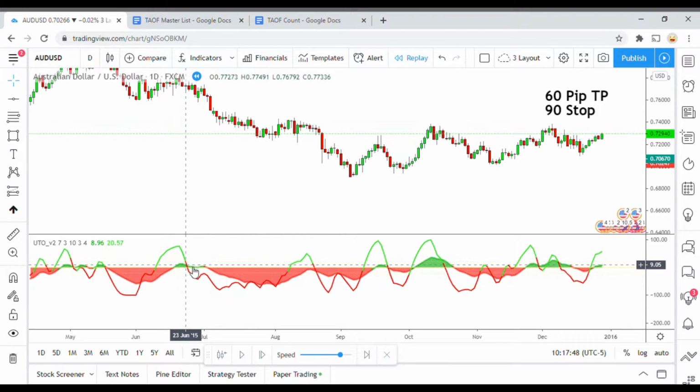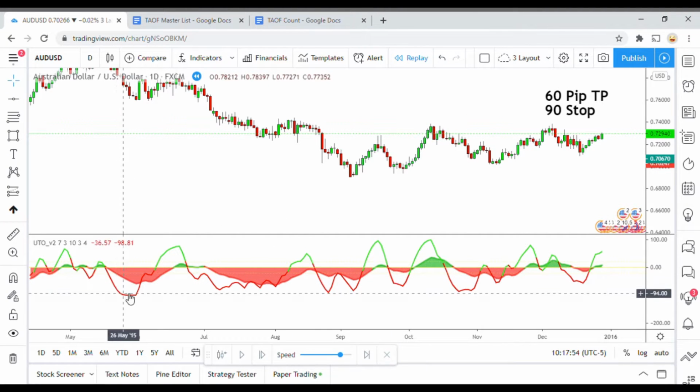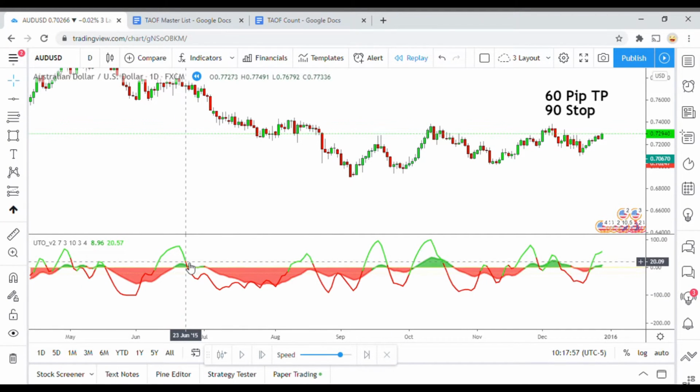But if we look at this area right here, you can see this in multiple instances leading up to this, the oscillator went red, which is a sell, and you can see that the sentiment was still green. And so that's just a cross.